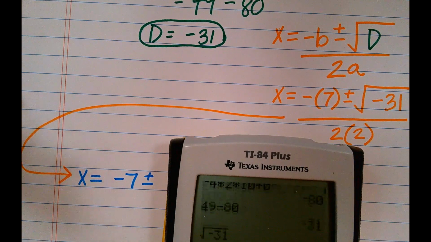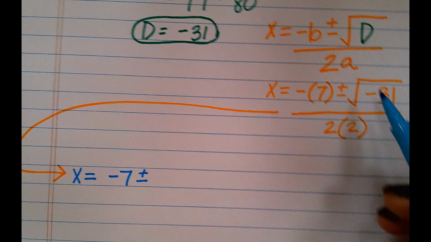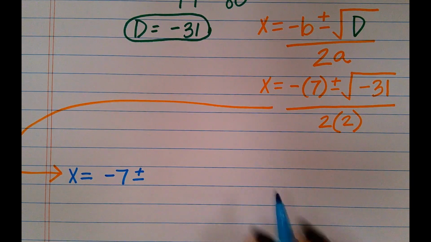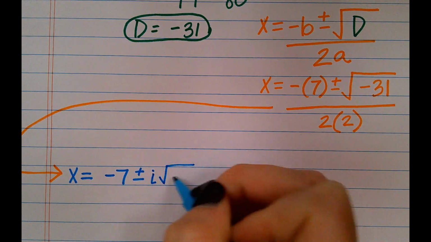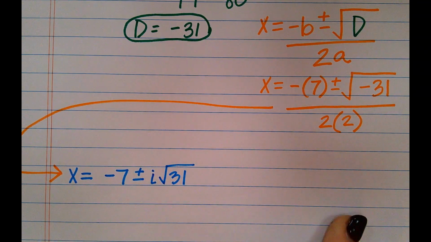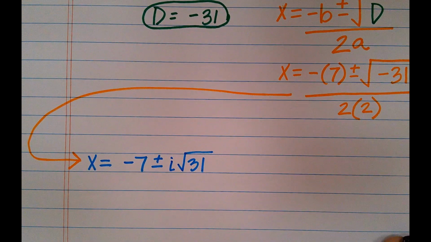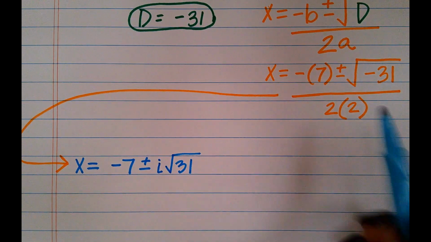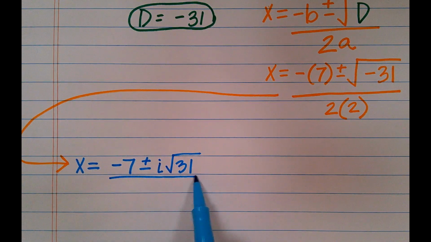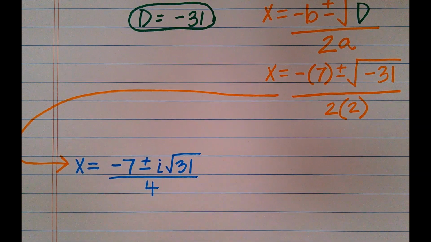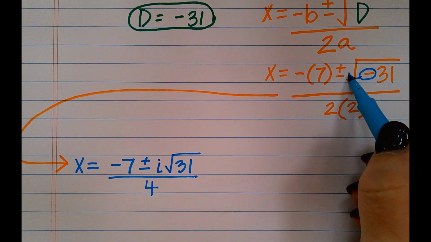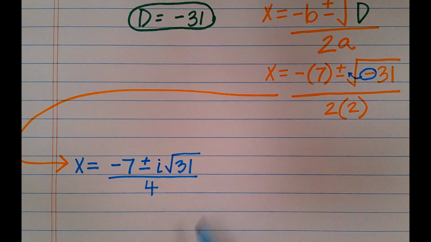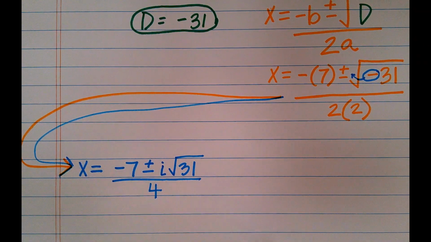So here's what we've got to do. Instead of negative 31 under the square root, we're going to put an i with 31. I know. It's funky. And then 2 times 2 is 4. Okay. So all I did is I took the negative and put an i outside. That's all I did.